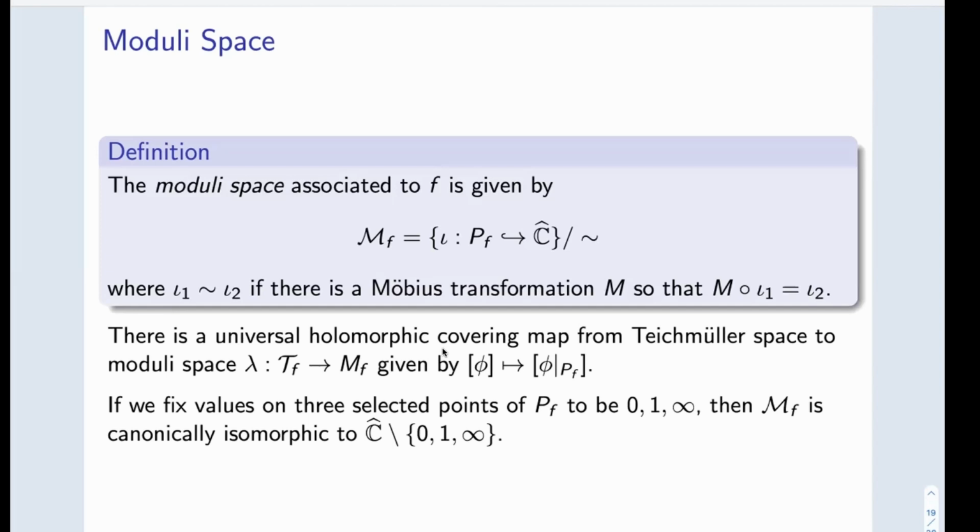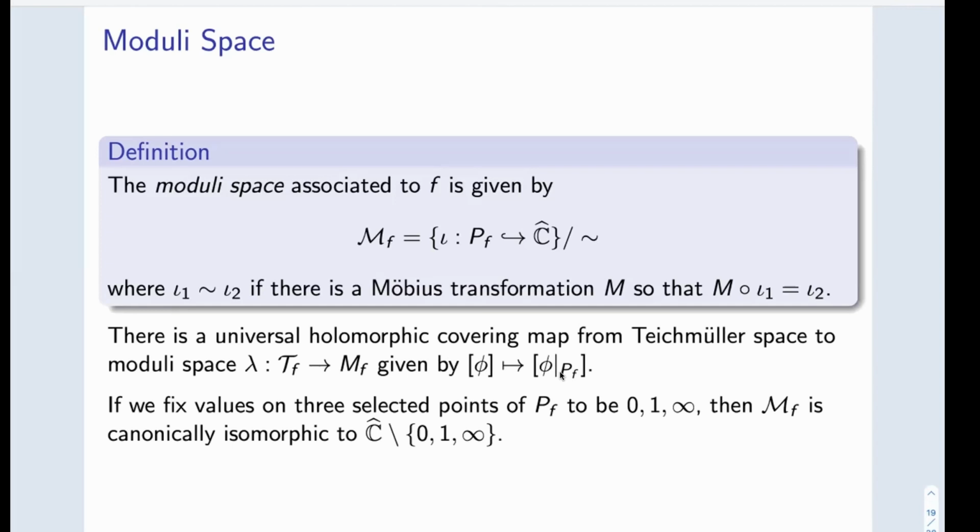And the corresponding covering map is just going to send our phi, our representative, to the restriction of phi to just our postcritical set. Okay, so that's moduli space.